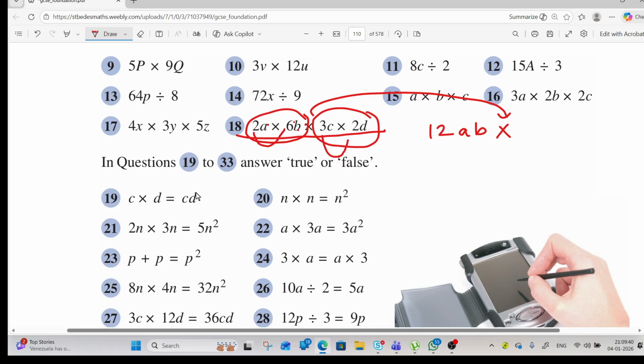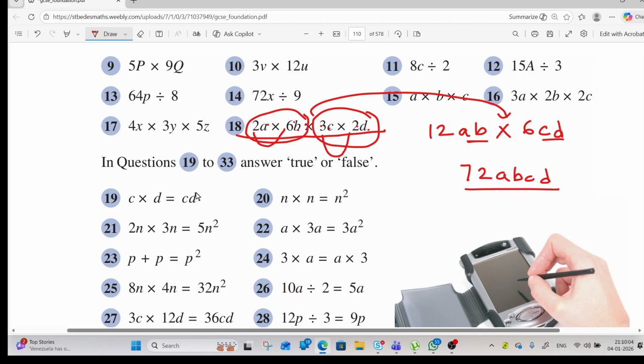Now again we multiply number with number. 3 times 2 is 6. C times d is just cd. Now again I will multiply number with number, which is 12 times 6. So 12 times 6 is 72. Then ab times cd, just write abcd. So that's your answer. Clear?